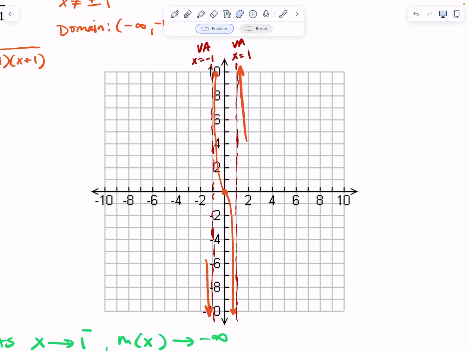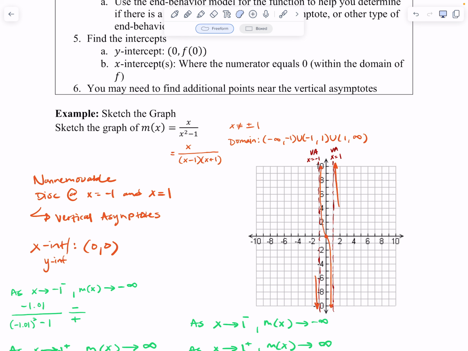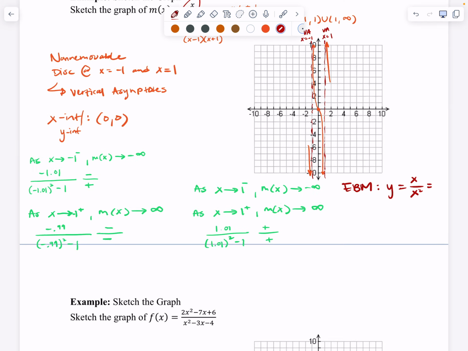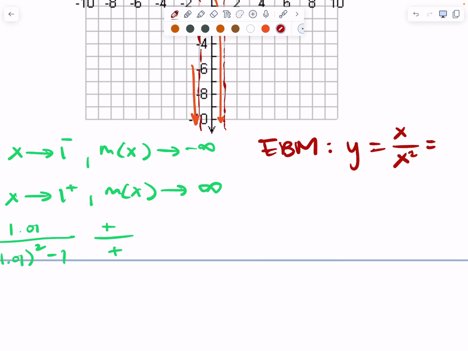So if we are looking at EBM, EBM would be y equals x over x squared, which simplifies to what? 1 over x. What does that mean in terms of end behavior?